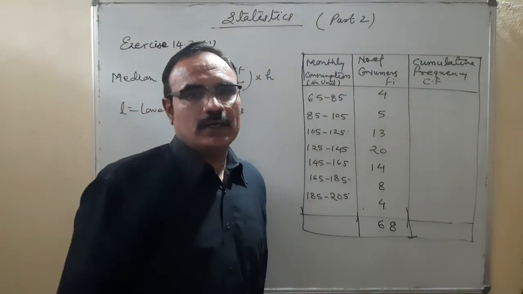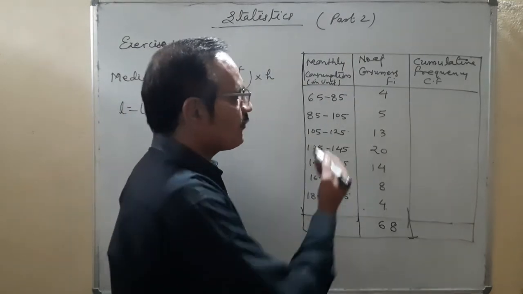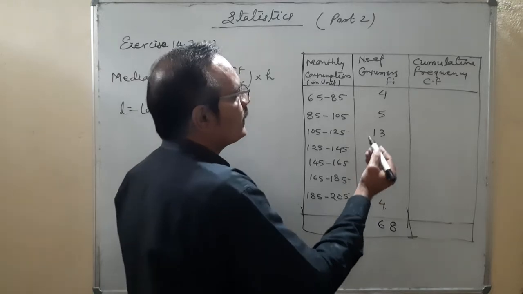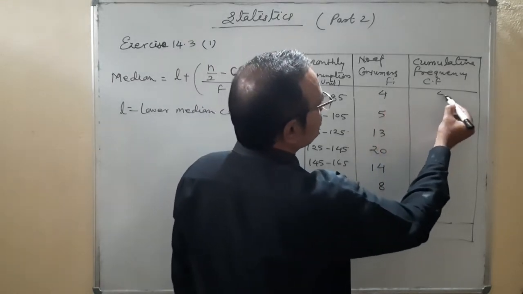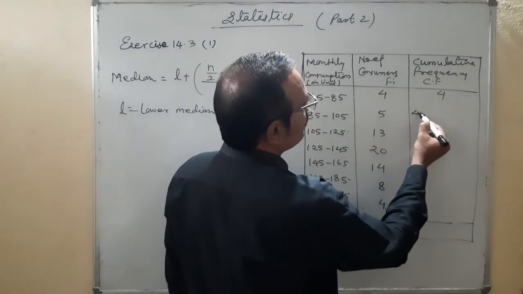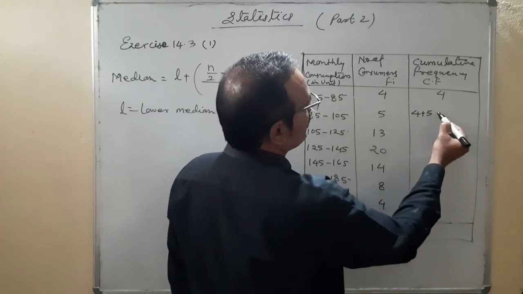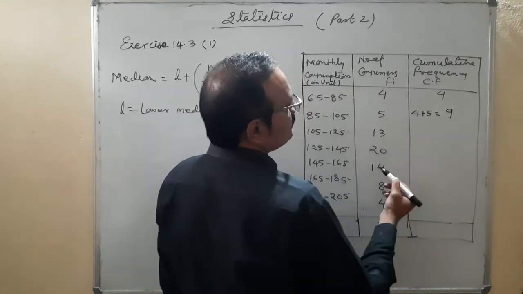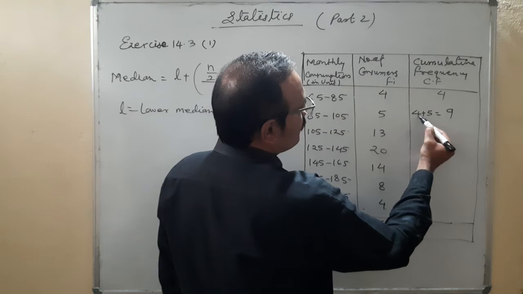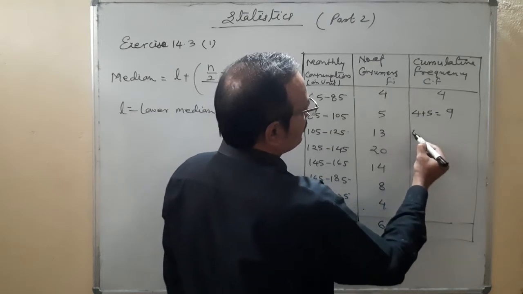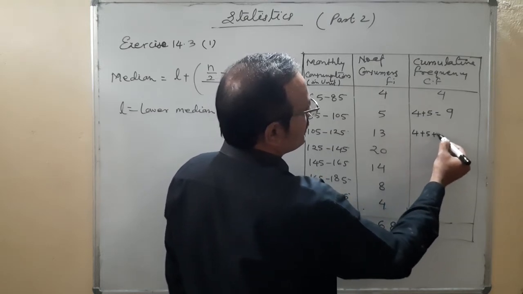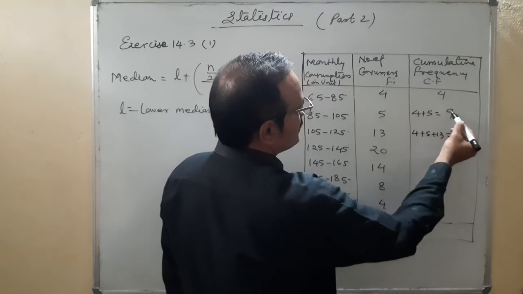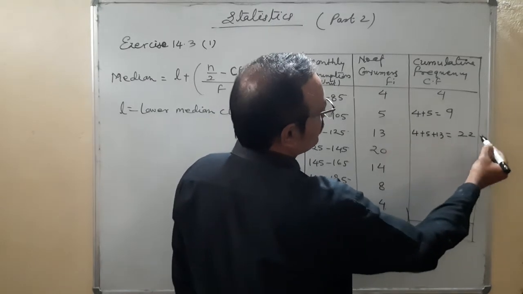Cumulative frequency, I think you are aware of the term cumulative. So we are going to cumulate the numbers one by one. Frequency is 4. After that, 4 plus 5, 9. Then 4 plus 5 plus 13, so that means it is 9 plus 13, 22.